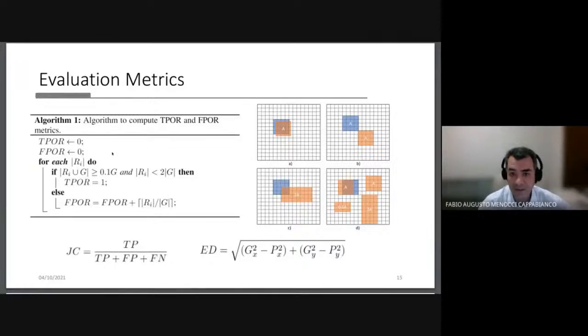The idea is to generate two simple measurements. The first one, PPOR, is a binary measurement that indicates if the transformed patches match the target patch and has a similar size to it. That's because some methods assign a high probability to a large area of the image containing the target, but this is not useful.